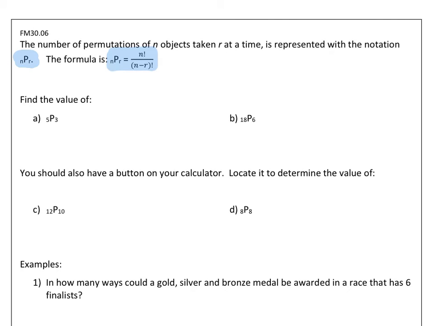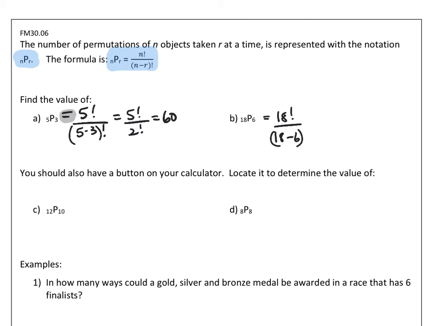So we'll do it first of all with our formula. So this would be, oopsie, 5 factorial over 5 minus 3 factorial. So this is 5 factorial over 2 factorial. You can punch that into your calculator and it will give you 60. Okay, 18P6 would be 18 factorial over 18 minus 6 factorial.